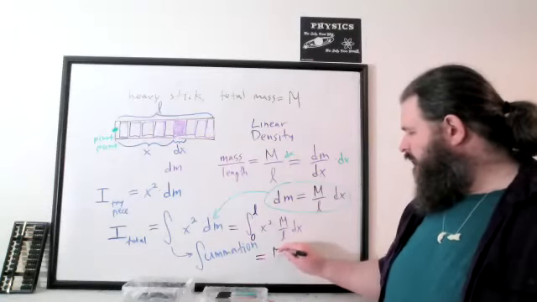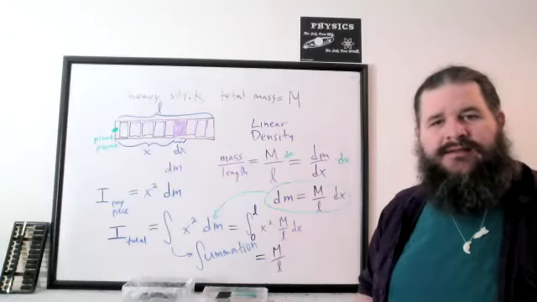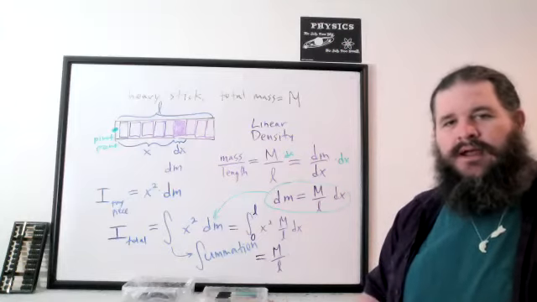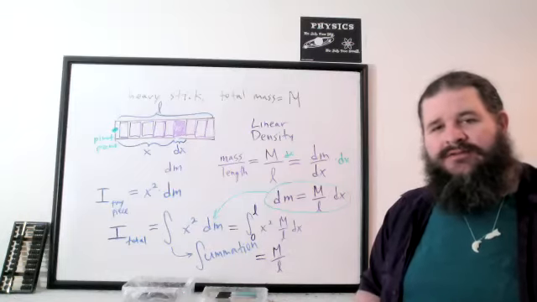M over L is a constant, so we can pull that out. Anyone remember what the integral of x squared should be? The derivative would be 2x, but what would be the integral? You're going in the other direction for integrals, the antiderivative.